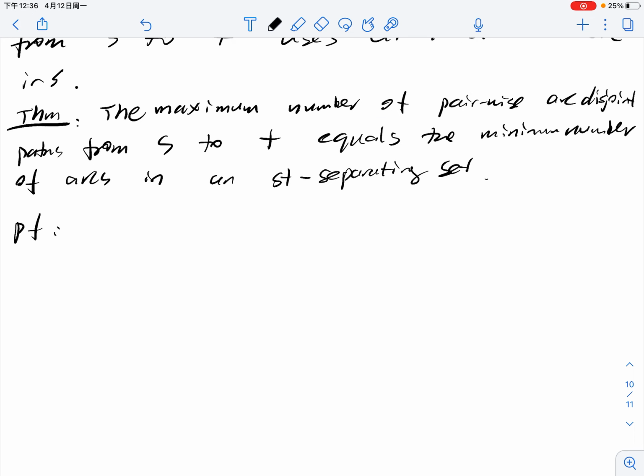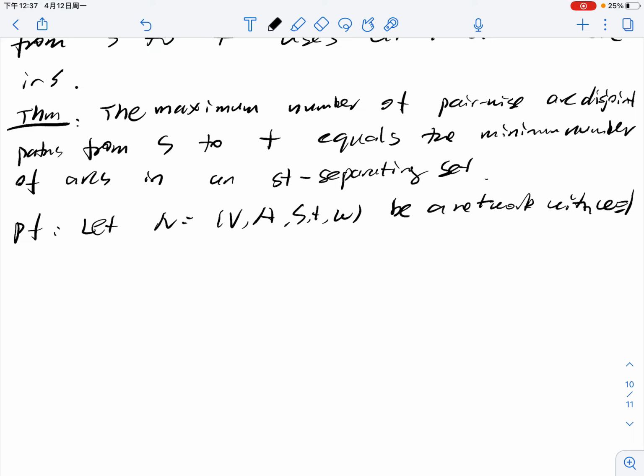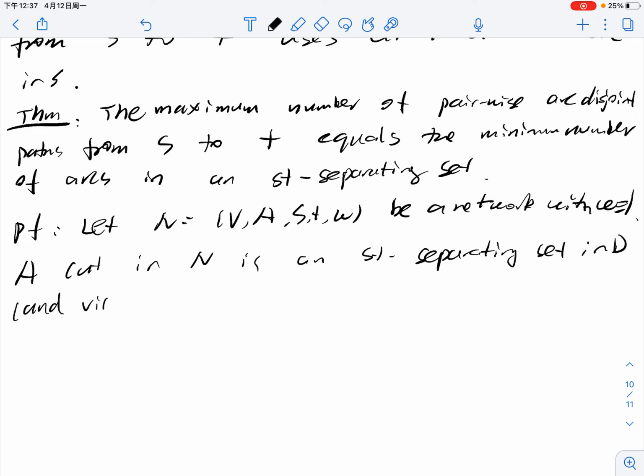So the proof: let N be a network with weight constant function 1. A cut in N is an ST separating set in D, and vice versa.